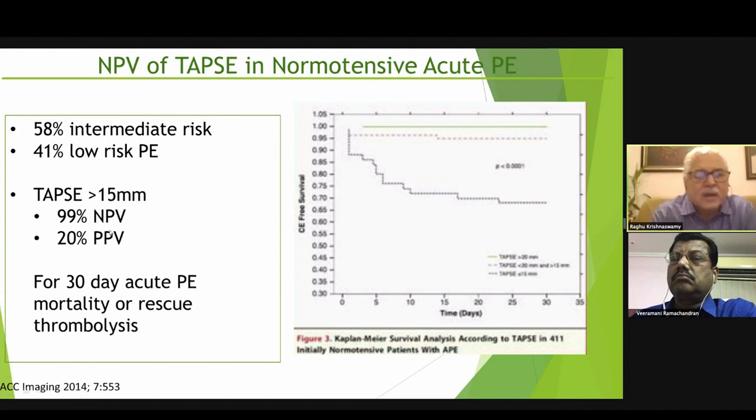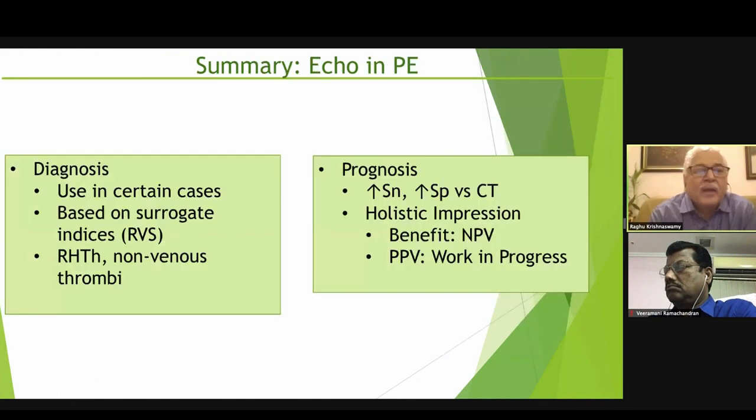But the positive predictive value, that is, when TAPSE is less than 15, prognostication using TAPSE is not really very reliable. This chart also shows the curve with the TAPSE of less than 15 millimeters, and it doesn't really predict the event rate very accurately.